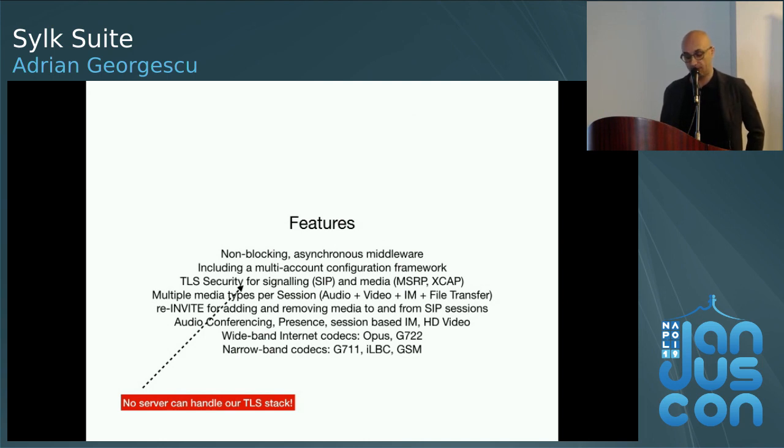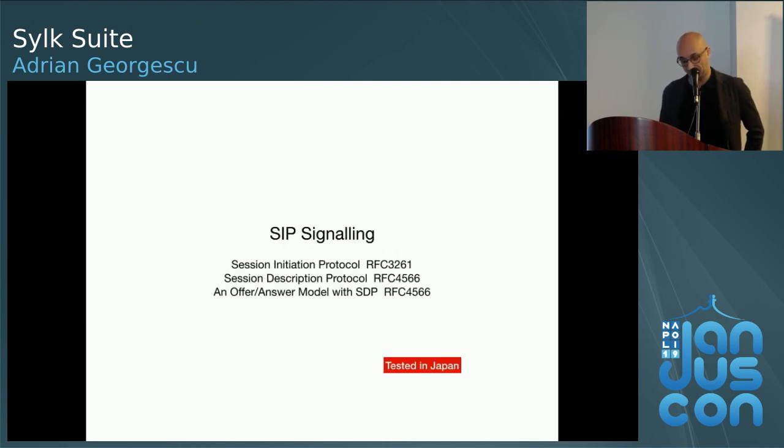It's properly done. No server can handle our TLS stack because the servers are working pretty badly with TLS nowadays. I think it's Ole's fault because he did not speak at enough conferences about it. But we did implement proper TLS in our stack. So we implemented SIP signaling properly, I think.